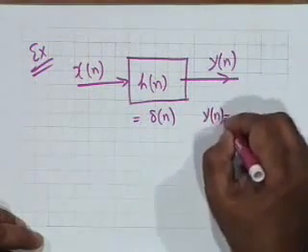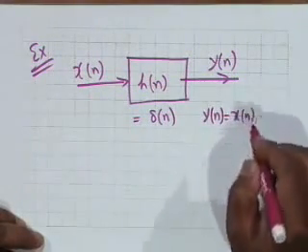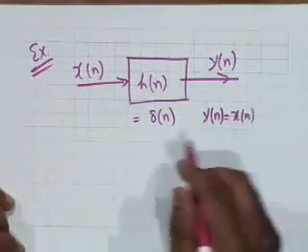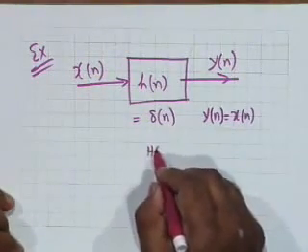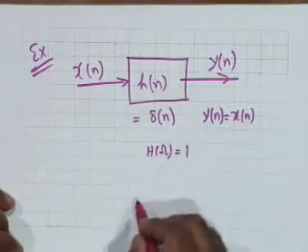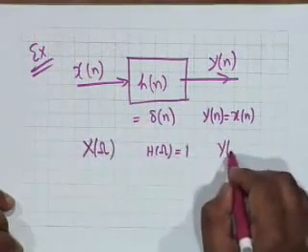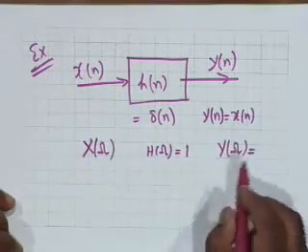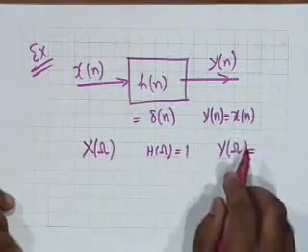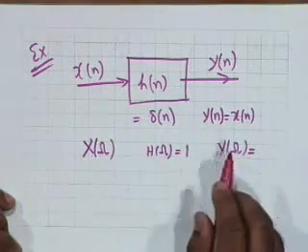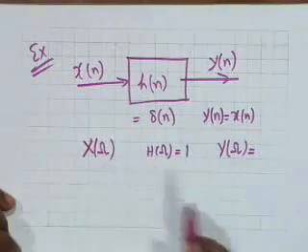So what do we call this system? Identity system. You notice that if we transform to the frequency domain, then capital H of omega is equal to 1, and therefore capital X of omega and capital Y of omega are the same, because the relationship between capital Y, capital H and capital X is that capital Y is equal to capital H times capital X.